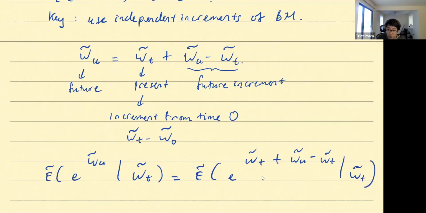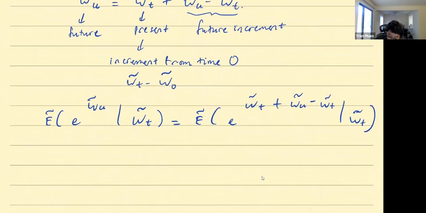Now you're conditioning on this term, so it's a constant. If it's a constant, it can come out of the expectation.